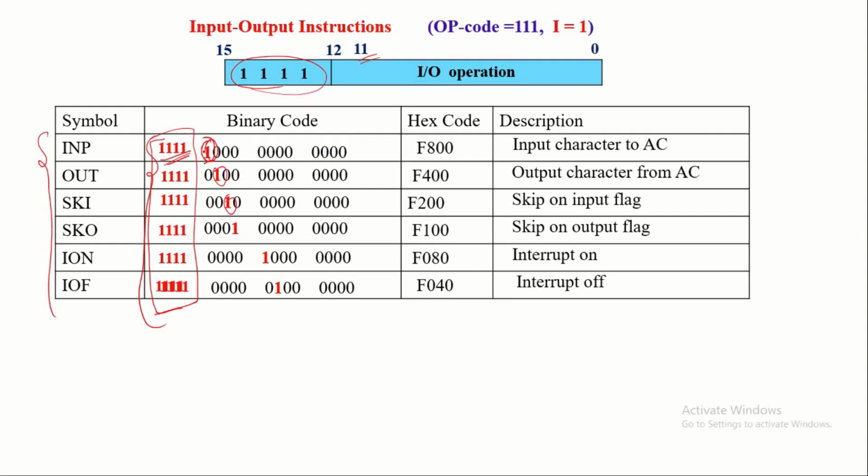When the 11th bit is set, the IO operation performed is input character to accumulator. When the 10th bit is set, it is output character from accumulator. Accordingly, for the 9th, 8th, 7th, and 6th bits: skip on input flag, skip on output flag, interrupt on, interrupt off. Like this, 6 different IO operations are supported in the basic computer.